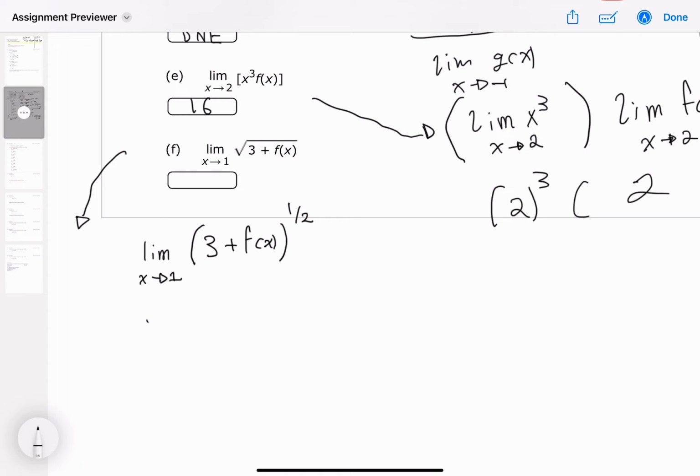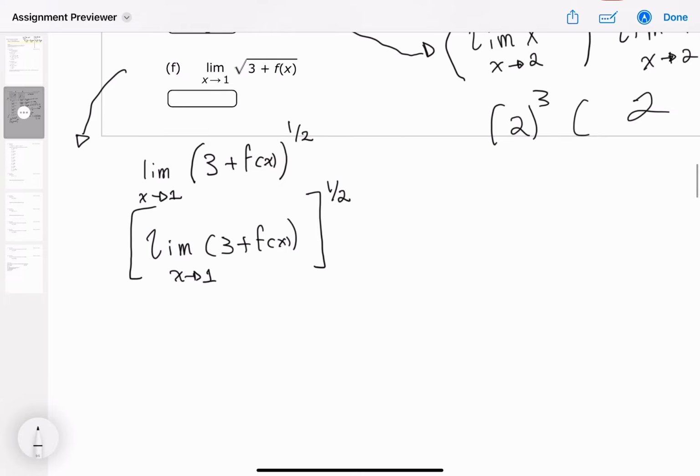So I can rewrite this as the limit of 3 plus f of x as x approaches 1, all of that to the 1/2 power. You see? Now that way I got rid of that square root that was a little bit troubling in that problem.